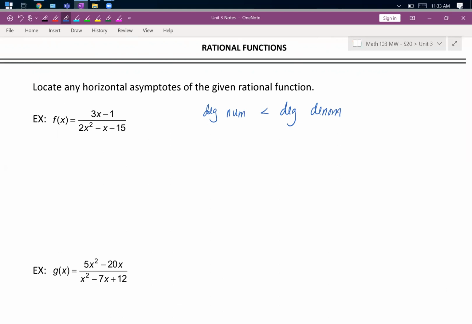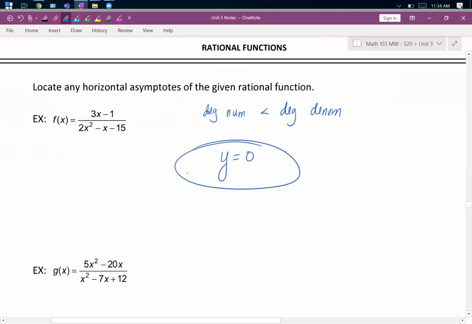Yes, at y equals 0. The degree of the numerator is less, so that means we're taking a small number, dividing it by a big number. The overall value of the fraction is going to get smaller and smaller and smaller until it's practically 0. So we get a horizontal asymptote at y equals 0.